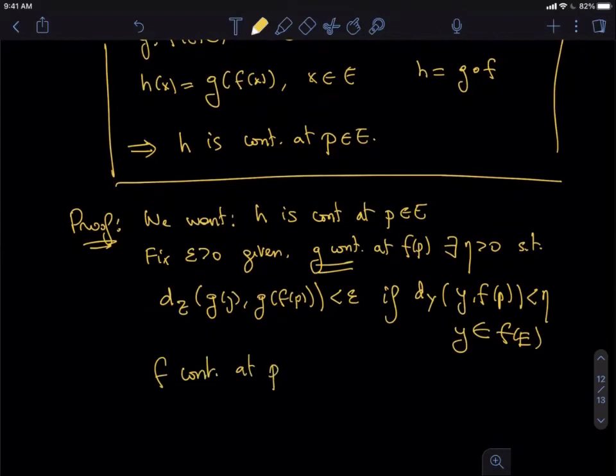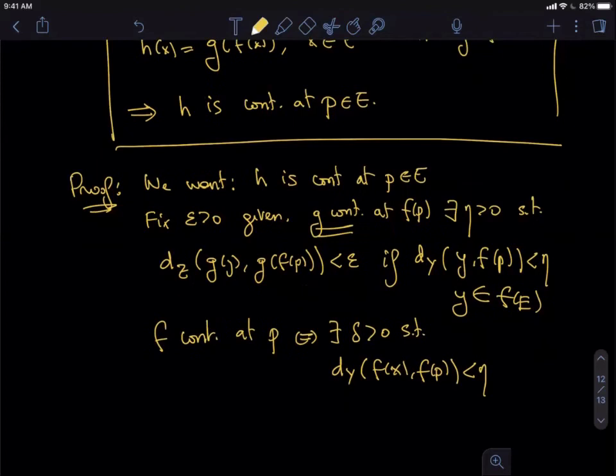So that means there exists some delta bigger than 0 such that the distance in Y between f of x and f of p is less than eta if the distance in X between x and p is less than delta and x is in E. So you see here where's the trick.